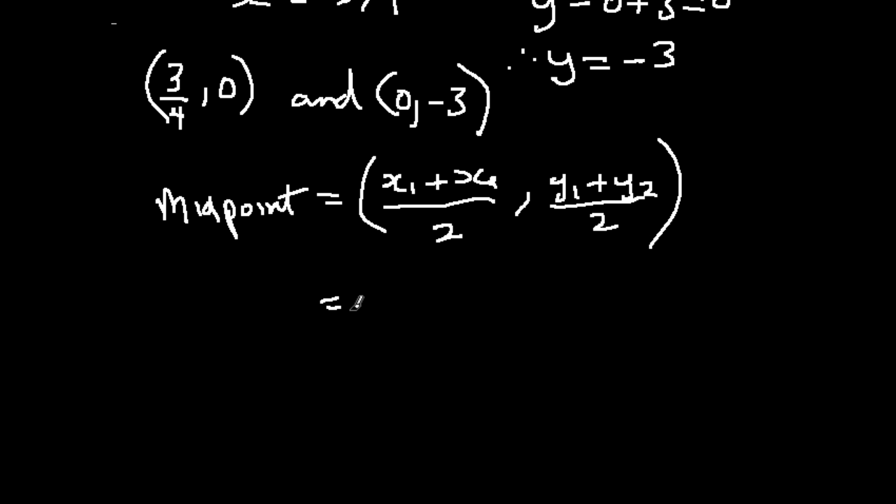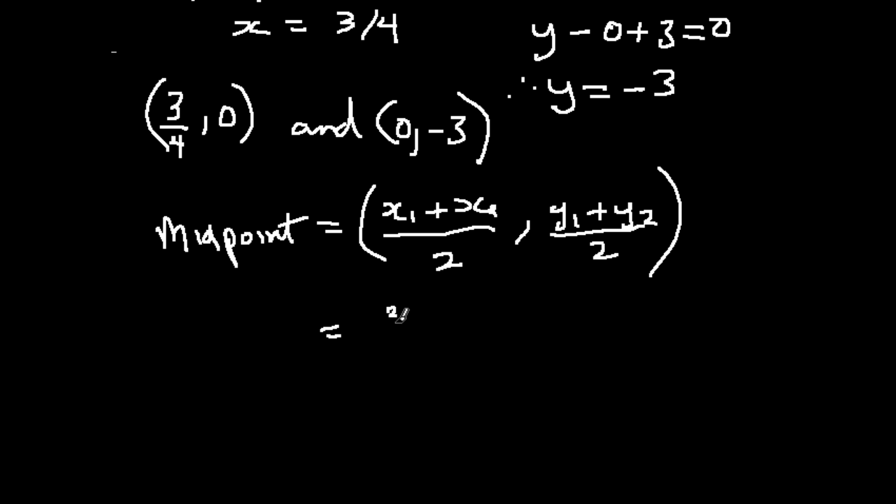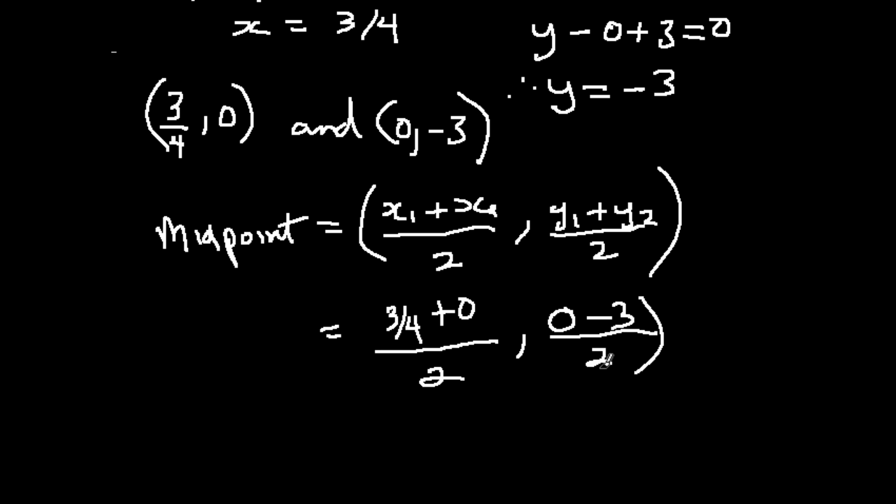So for us, we get 3 over 4 plus 0 over 2, comma, 0 minus 3 over 2. And the result we get is 3 over 8, comma, minus 3 over 2.